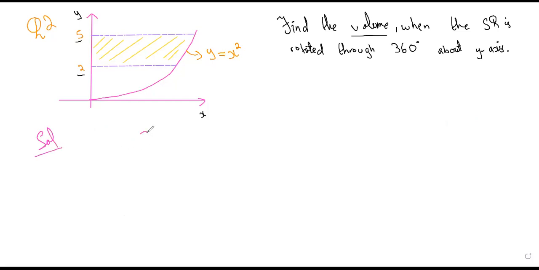I will integrate it. The limits would be 2 and 5. This time the area is bounded between the y-axis and the curve, so things would be different. I'm not going to use x squared here. I need to use something else.